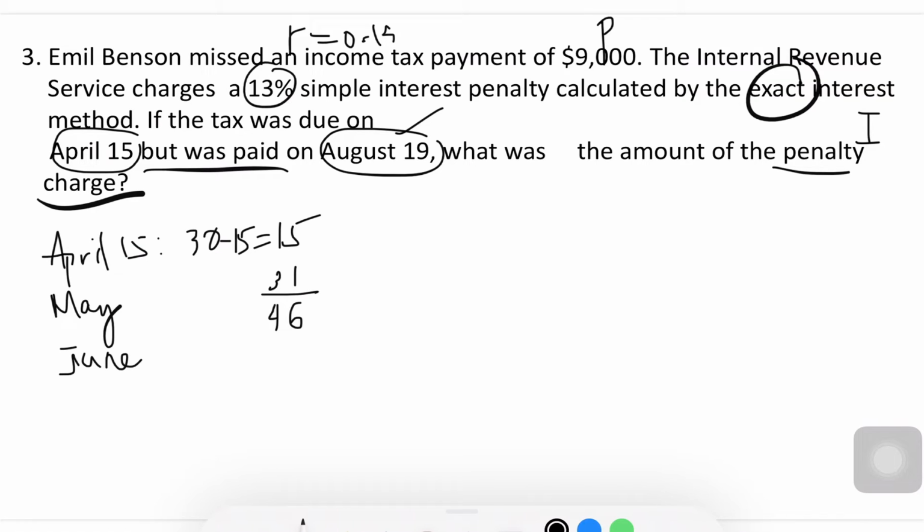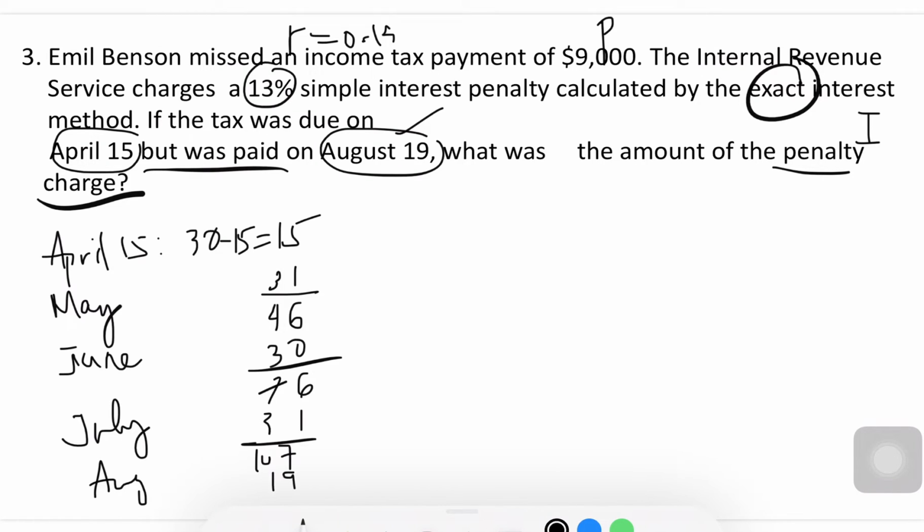June, we have 30 days, so we have 76. July, we have 31 days, so we have 107. And until August 19, so this is 126 days.